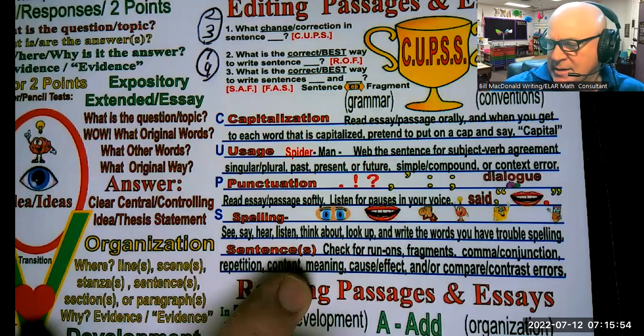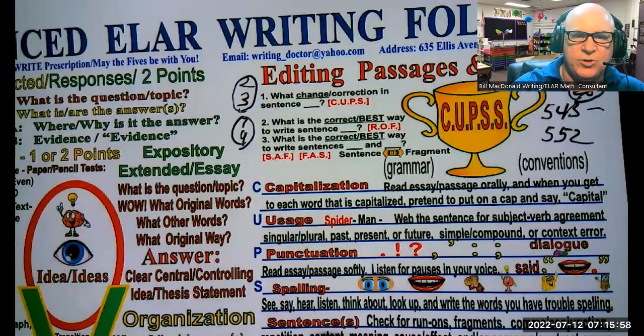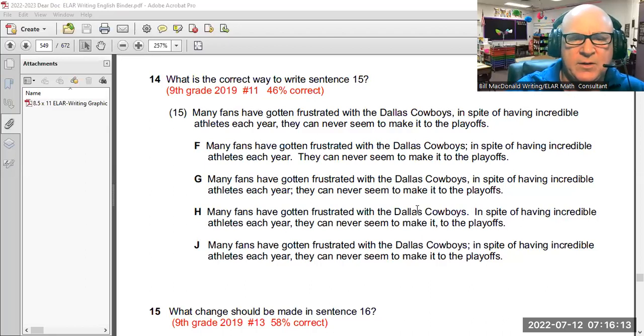So let's look at 14 through 20. I'll try to go as quickly as we can. Again, I'll show it to you when we get there to make sure that we all get on the same page. Go to your binder to page 549, and this was based on 2019.